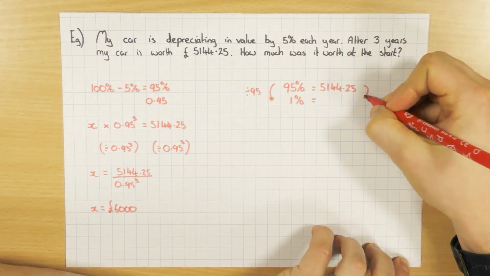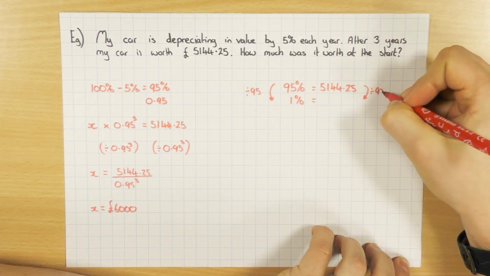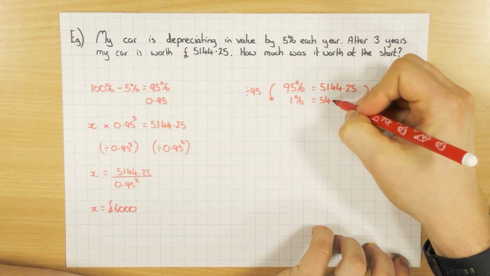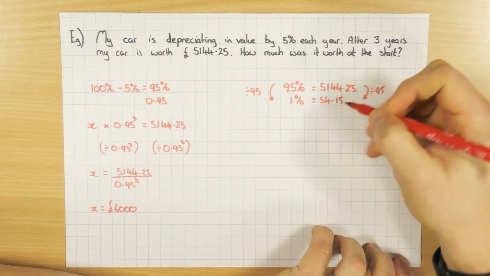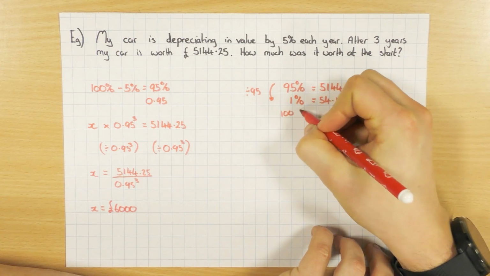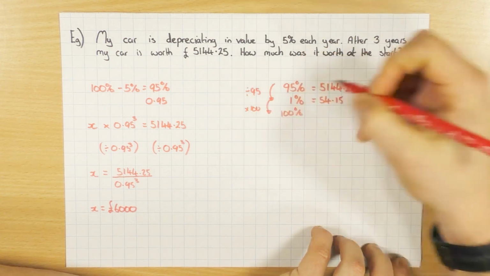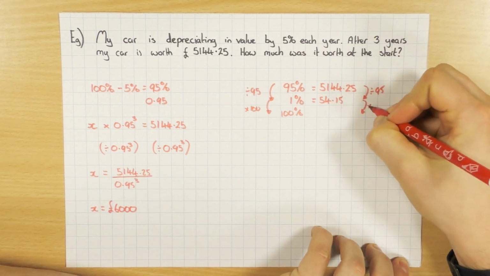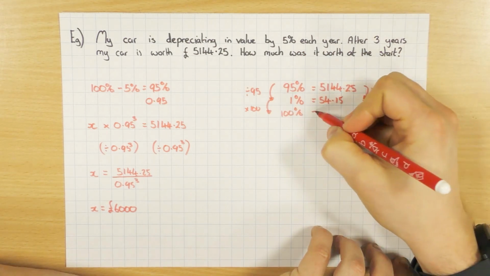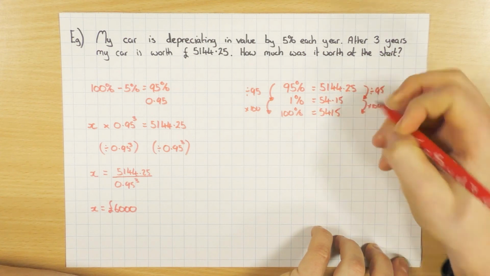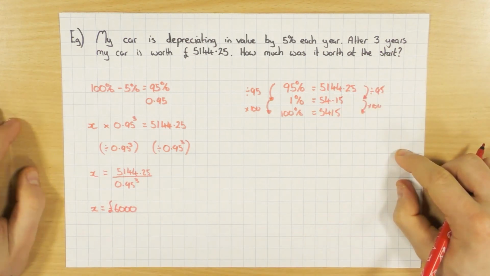Don't forget to do it to both sides. And if you do that, you'll have 54.15, and then you can get your 100% by timesing it by 100, which will leave you with 5,415. Now, that will only take you back 1 year.